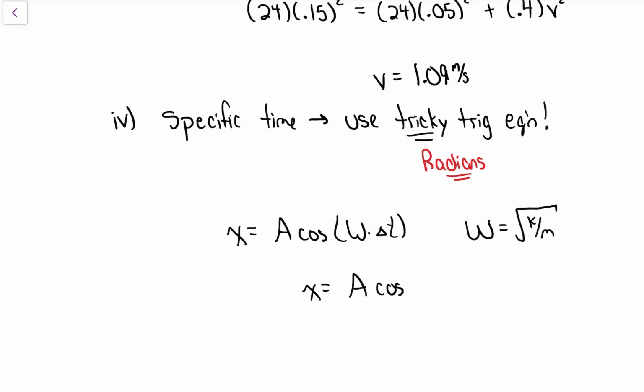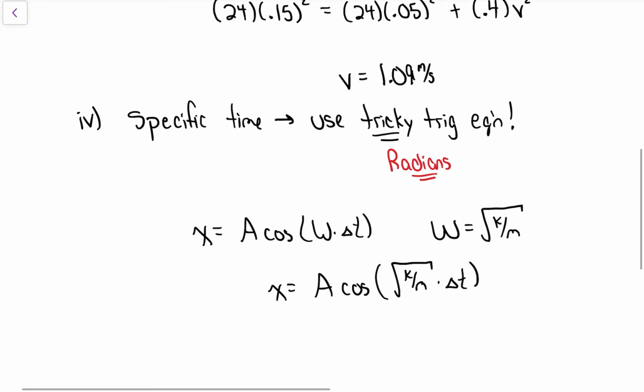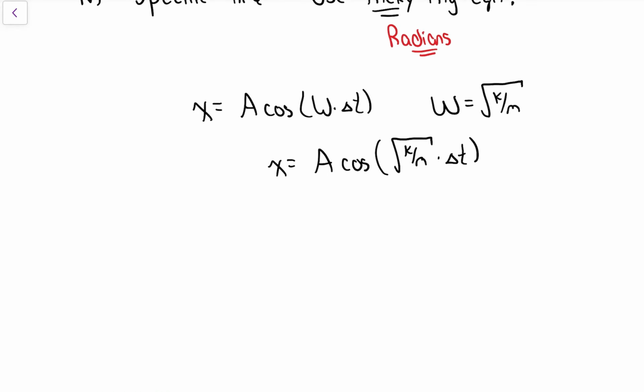So really x is equal to a cos of root k over m times delta t. Now it's a plug and chug. You can go back and look at the question. The amplitude is 0.15 multiplied by the cosine of, under the square root sign, our k was 24, our mass was 0.4. Outside of the square root, the question's asking what's happening after 4 seconds, so I have to multiply by 4.